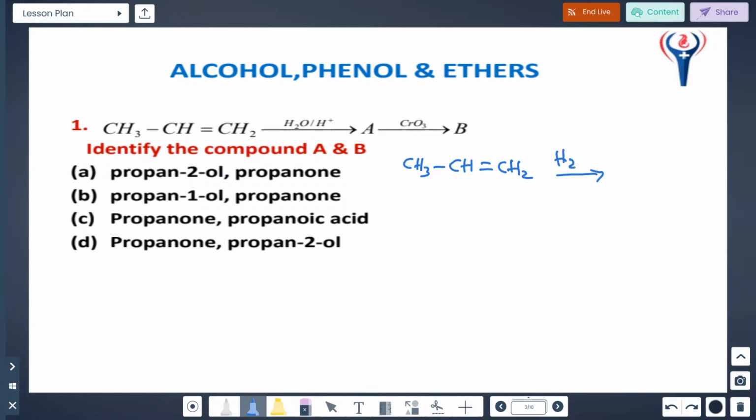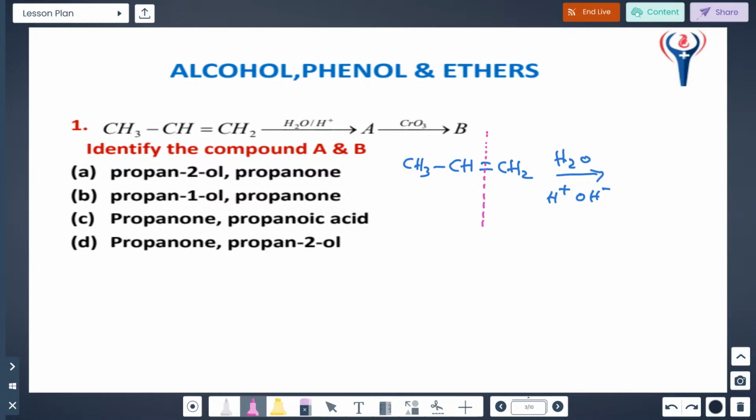When you add a water molecule, it splits into H plus and OH minus. So here we should follow the Markovnikov rule. What is the Markovnikov rule? The negative part goes to the carbon atom which carries less number of hydrogen.